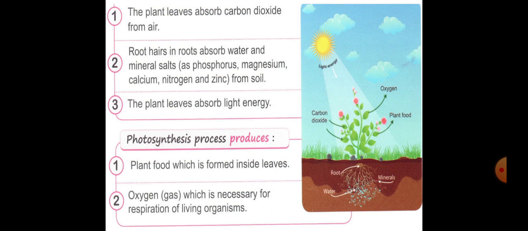And also the plant leaves absorb the light energy from the sun. The photosynthesis process produces plant food which is formed inside the leaves, and also produces oxygen gas which is very necessary for the respiration of all the living organisms.